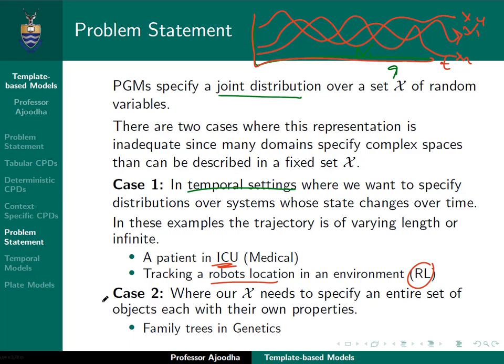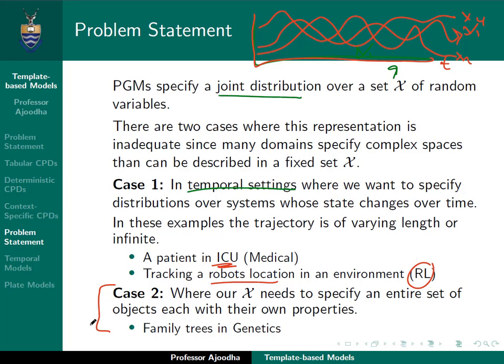So very interesting. Another case where we would require these template models is where there's lots of repetition inside the problem or the context. For example, in genetics, a family tree has this parent-child relationship over and over again. And the way the interaction between the genes occurs happens over and over again.